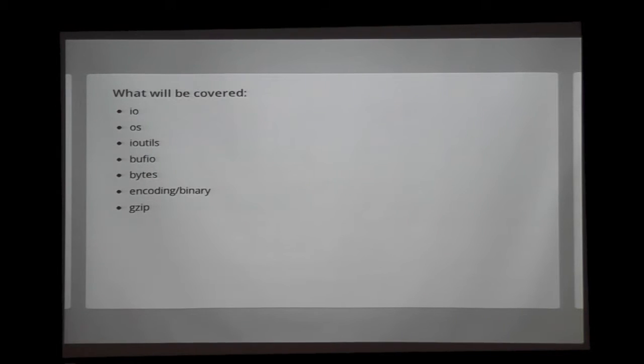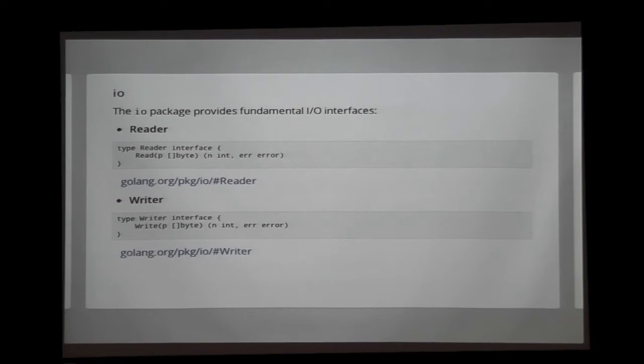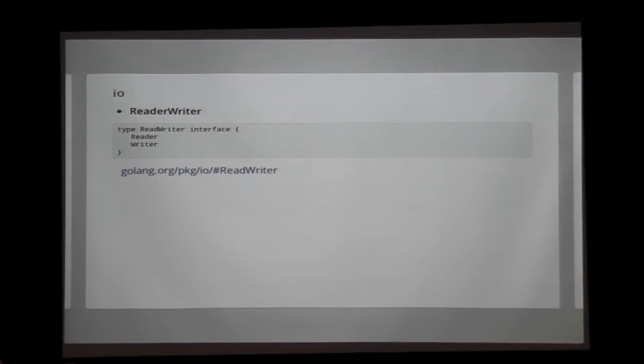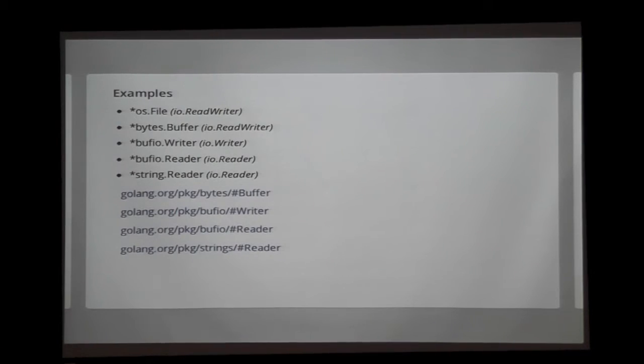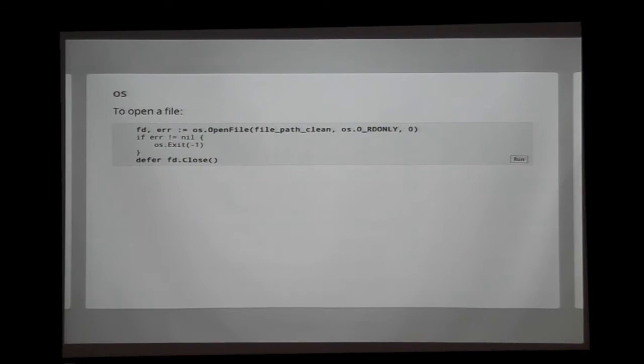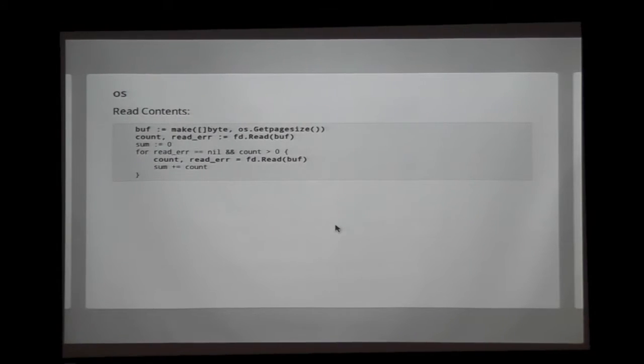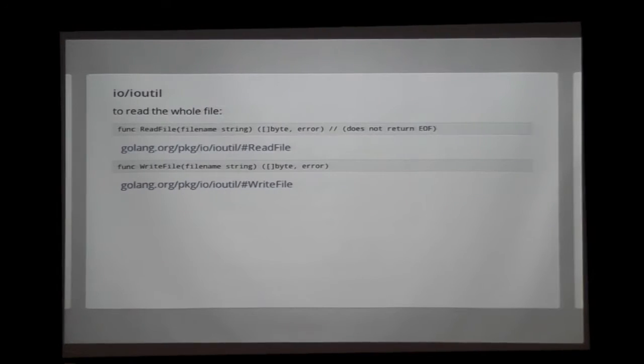So we reviewed the very basic libraries for accessing a file, byte streams and strings. We saw the basic interfaces, reader and writer, the composite reader and writer, and some examples. I'm going fast because this is not the real presentation. How to open a file, how to read the contents, and read and write.